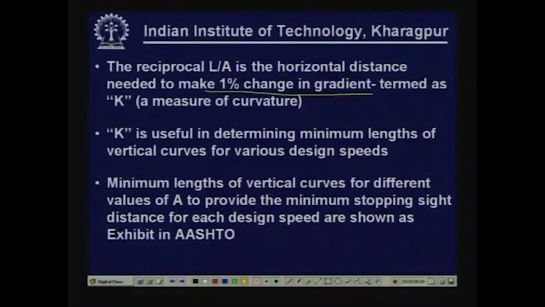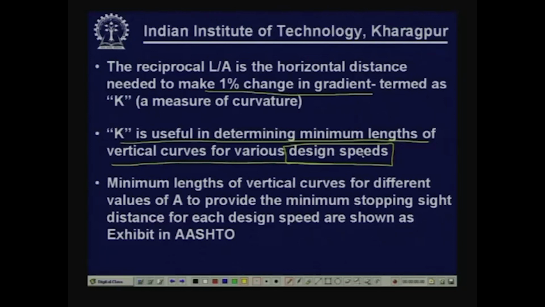That means, per percent change in grade, what is the length of the curve that is required? This is termed as K factor. We say K, it is nothing but a measure of curvature. So, K is useful in determining minimum length of vertical curves for various design speeds. We say K is L by A.